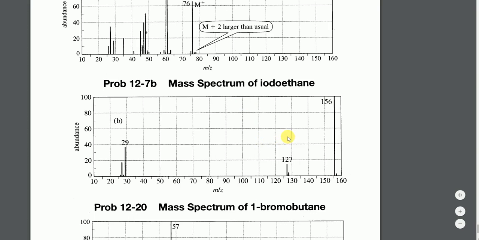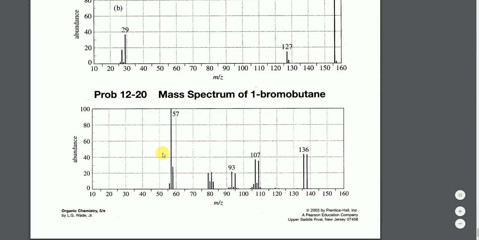The iodine will break off, and you'll have the 127 peak that reflects just the iodonium. You'll always see a 127 peak because it's how much it weighs. And then you'll see the peak that is 156 minus 127 equals 29. This is everything else that was left after the iodine broke off, the remaining weight of the molecule. And you'll always see these three characteristic peaks. Okay? And that's pretty much it.